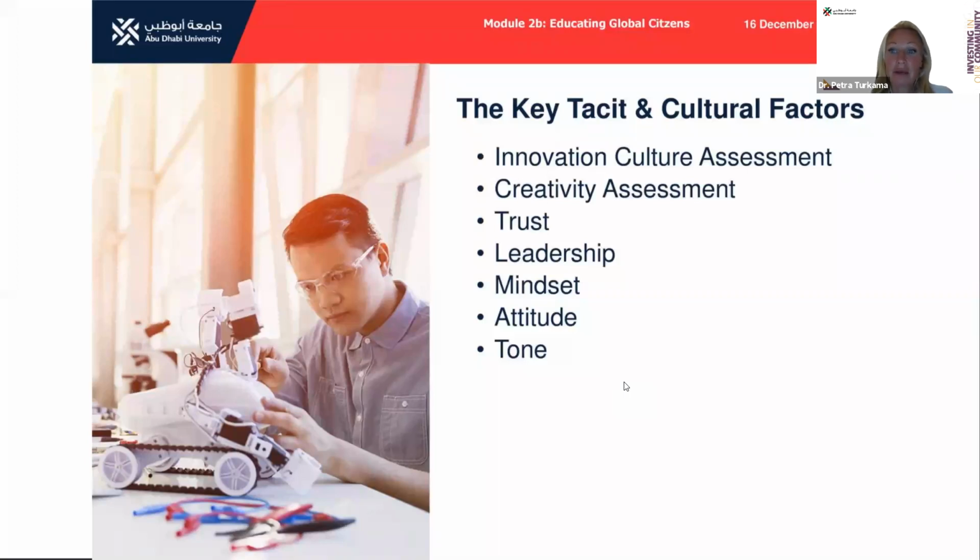If you're thinking about who is building culture, we all are in our own part, but specifically the leadership. The mindset: are we in a development mindset, or are we more in a mindset of desperation, just thinking, oh, we can't do it because of this and that? Instead, have this can-do attitude. And the tone: what is the tone of the classrooms?